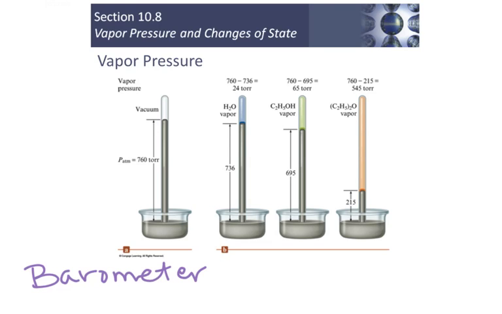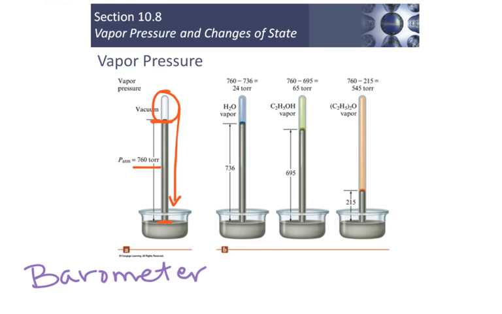The only thing pushing down on this is the atmosphere, and after it levels out, it creates a vacuum, because that's the only thing that was in there, and this height here was 760 millimeters of mercury, and that's where they got 760 torr. But we can use barometers to find vapor pressure of different substances.